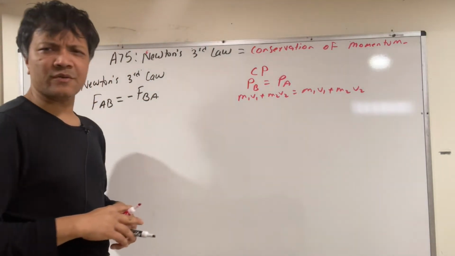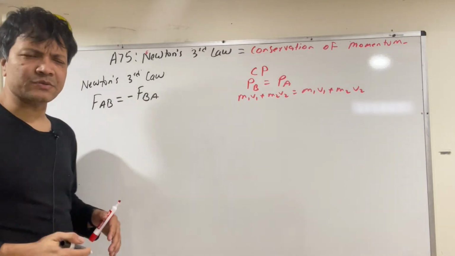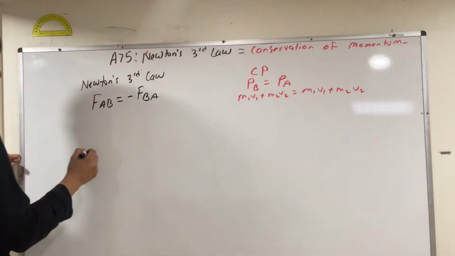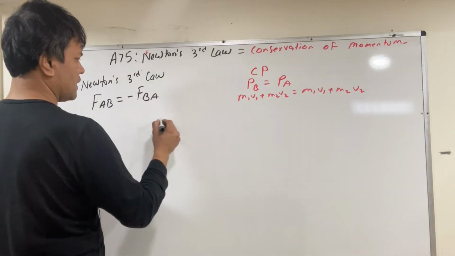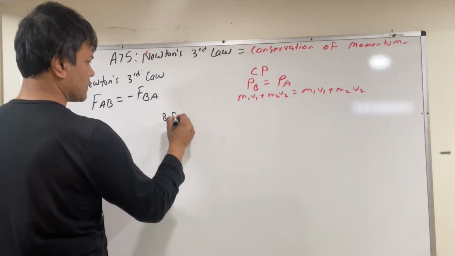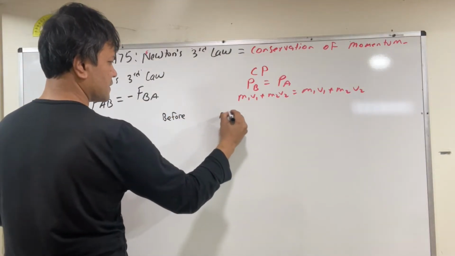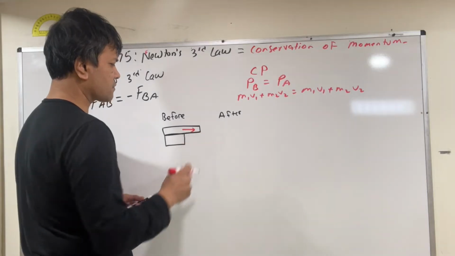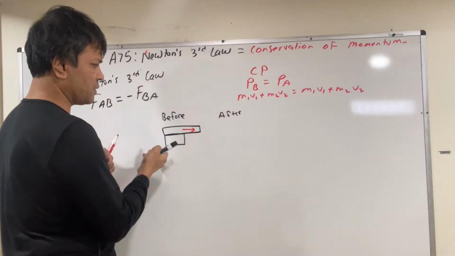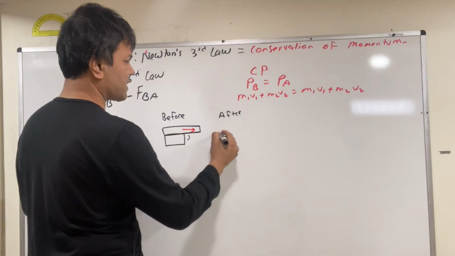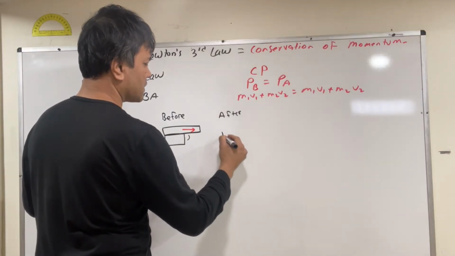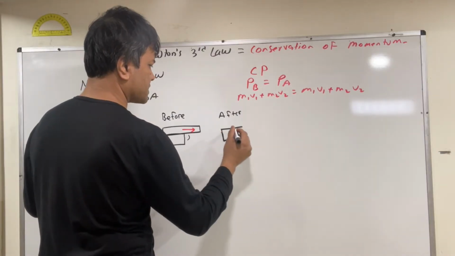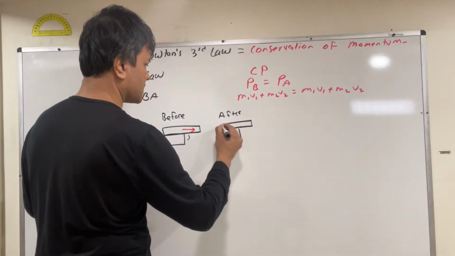Now let me give you an example to make a connection between these two. Let's consider this problem, before and after. There's a gun and there's a bullet. After you pull the trigger, the gun goes one direction and the bullet goes to the other direction.